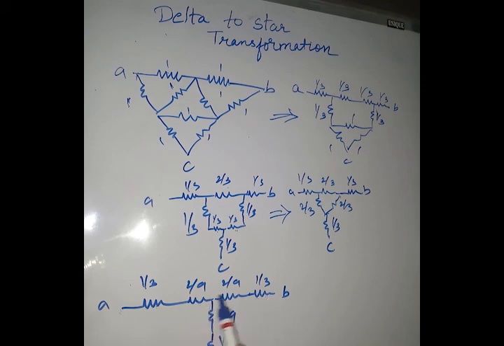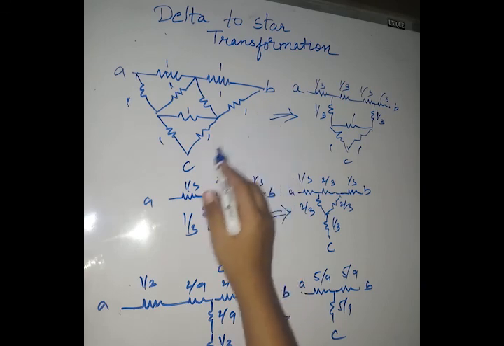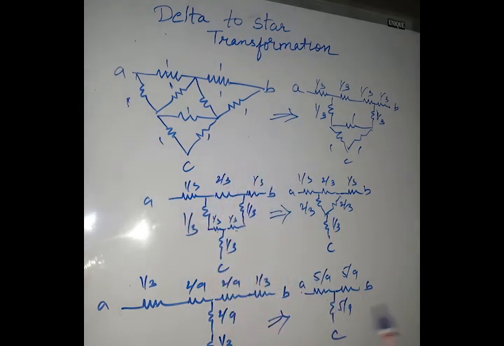So these are in series, these are in series. So again we can convert and we will get a final value of 5 by 9, 5 by 9 and 5 by 9. So the circuitry between the ABC terminals is reduced to this star connection. So this was all about delta to star transformation.